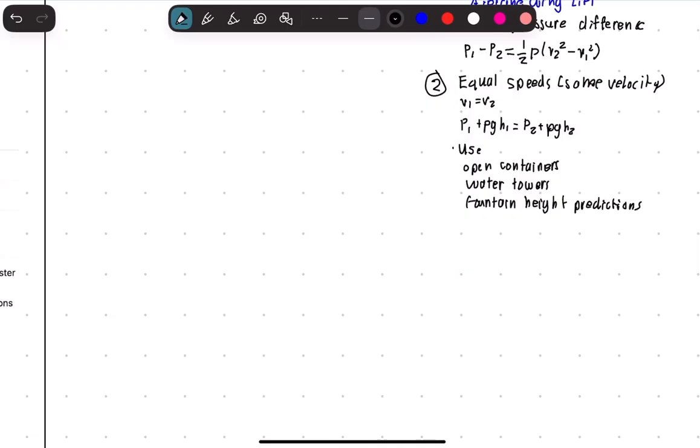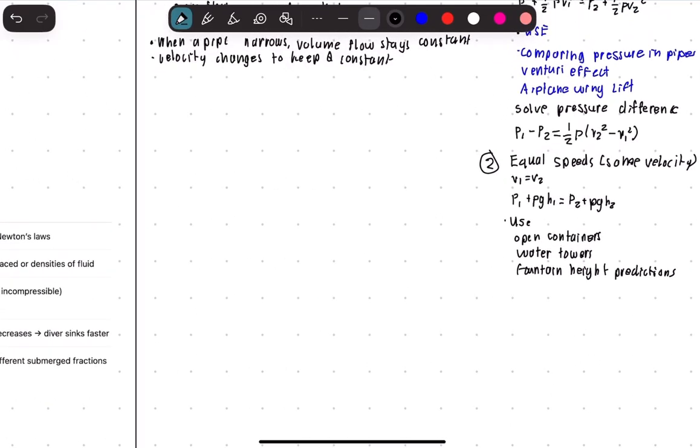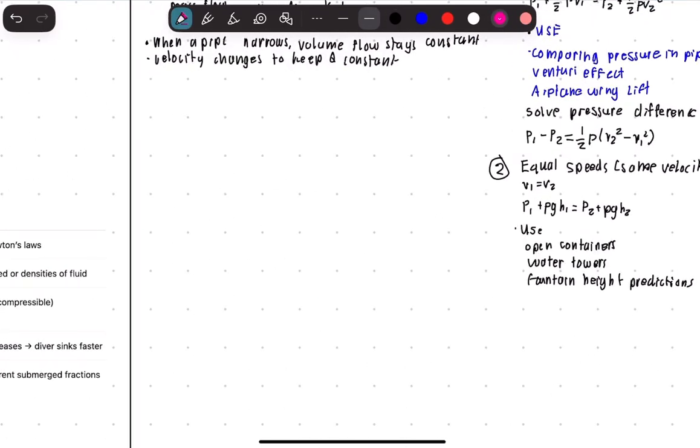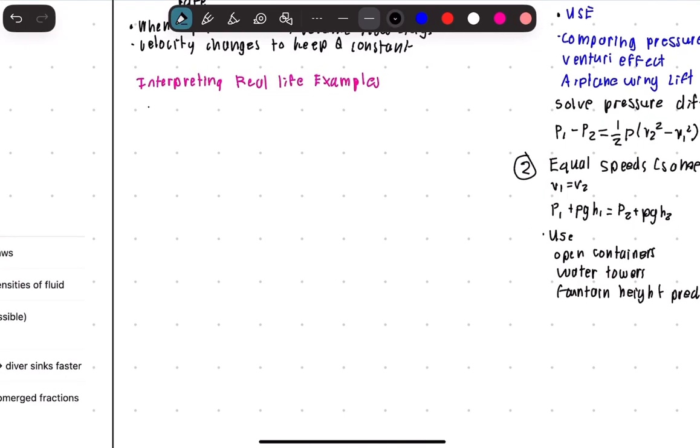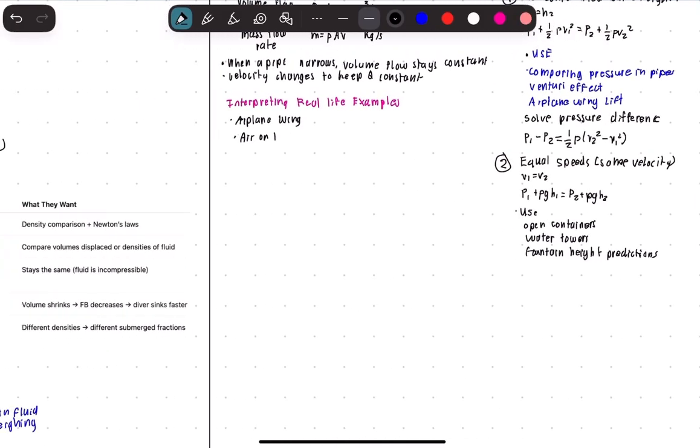So let's move on to our next section, which is going to be interpreting real life examples and using this unit to do so. So let's start with the airplane wing. On the airplane wing, you're going to have to identify that air on top moves faster.